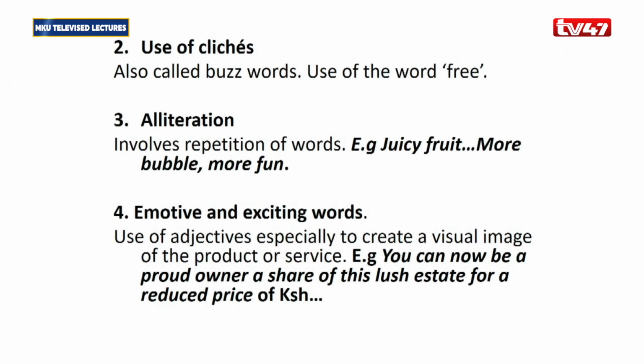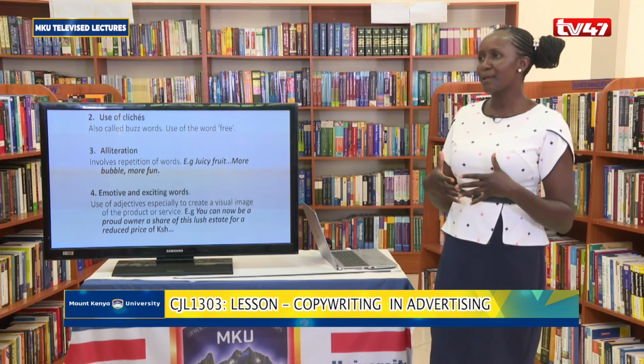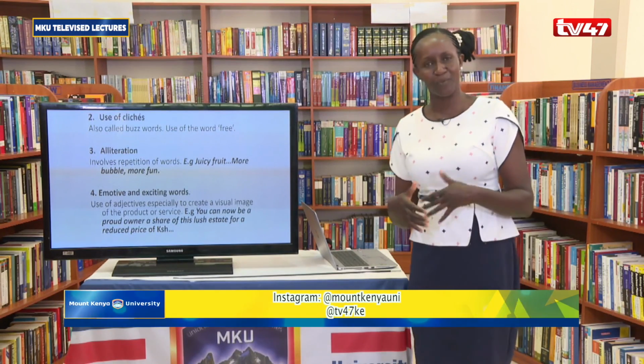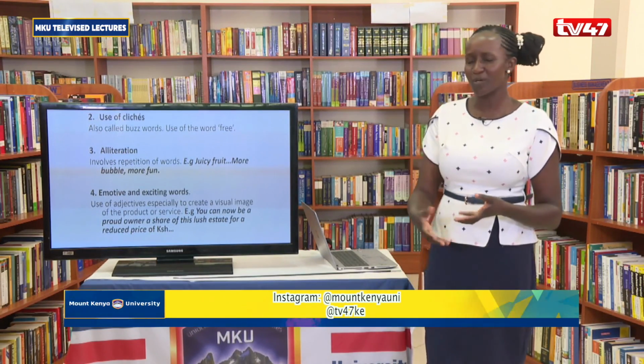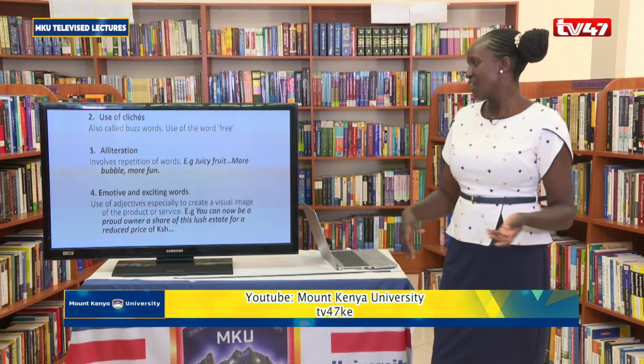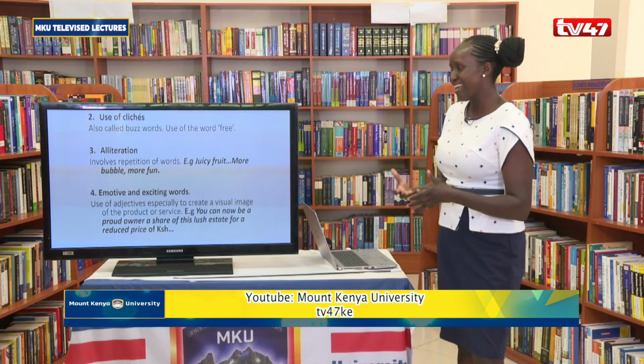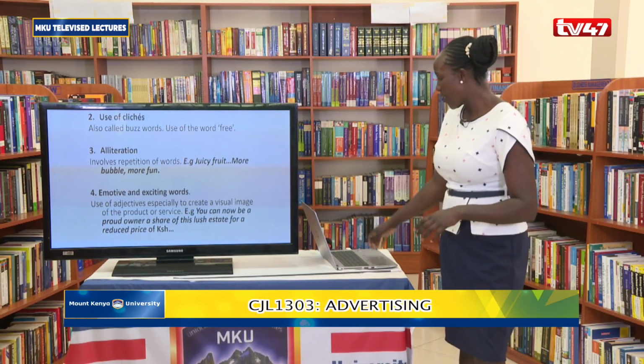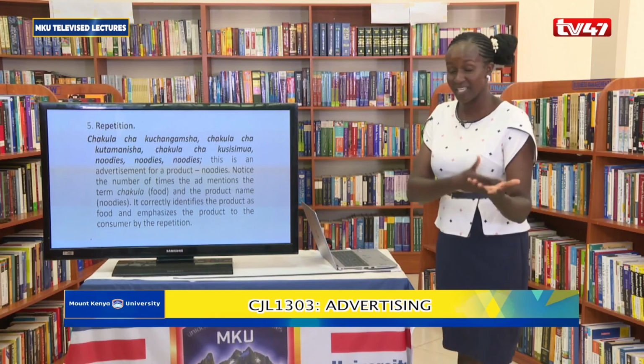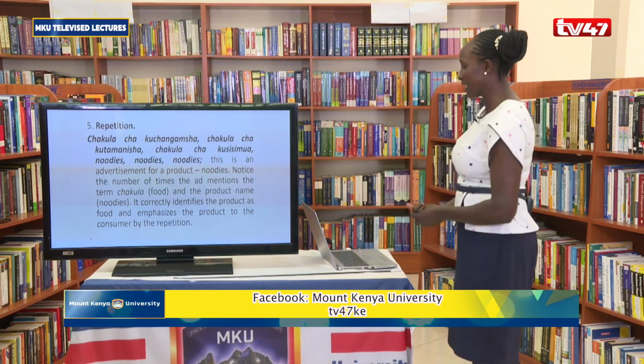For example, they're talking about a lush estate. So you're using adjectives that, beyond selling a product, create a feeling that makes somebody proud, that makes somebody confident should they buy your product or service. So lush, proud, those are adjectives about inciting certain emotions in people that make them want to truly possess a product or a service that you're selling.